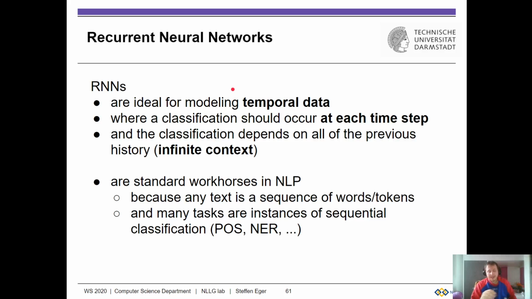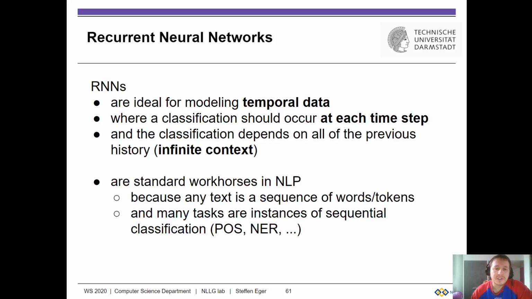Okay, the second architecture, which is more important for the NLP community, are recurrent neural networks. Recurrent neural networks are ideal for modeling temporal data. So let's say you have data that comes in a temporal sequence. And what is a temporal sequence?